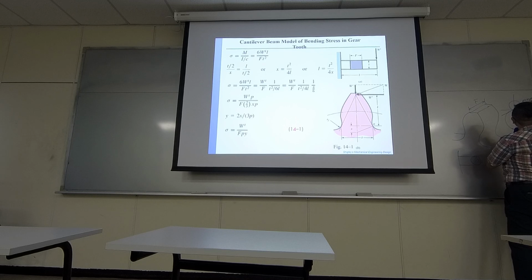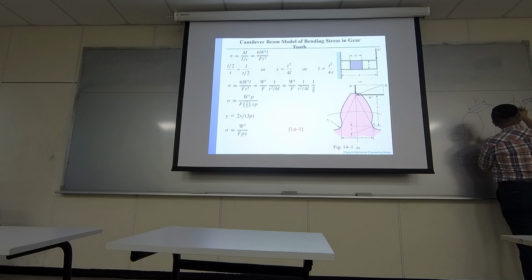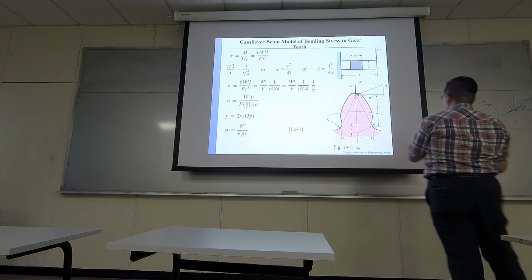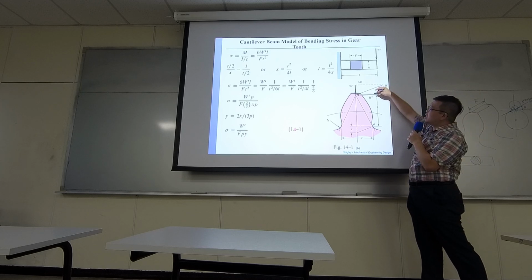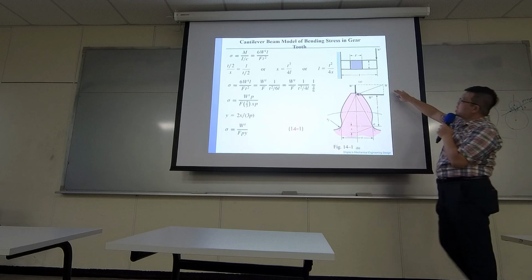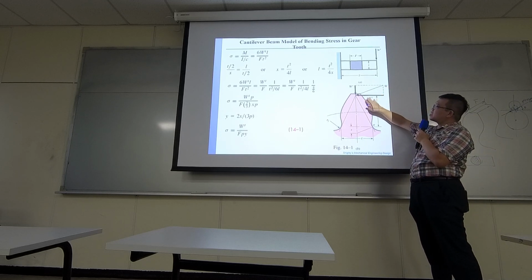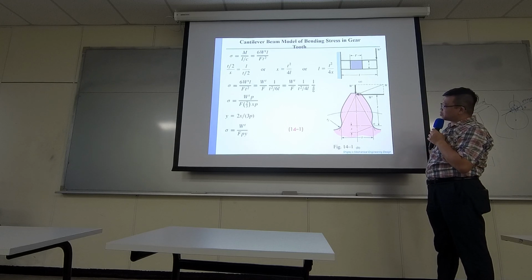It's just basically telling you if there's a tooth right here and another tooth right there, the force basically goes along this angle. So the force coming from the other side has an angle, and this angle is the pressure angle. So you can take a cosine of it, you can have the transverse external force.